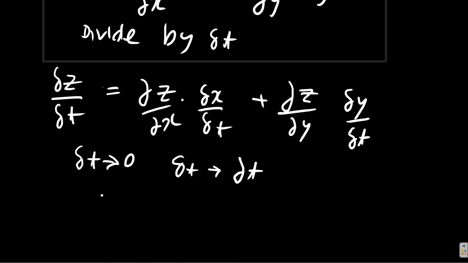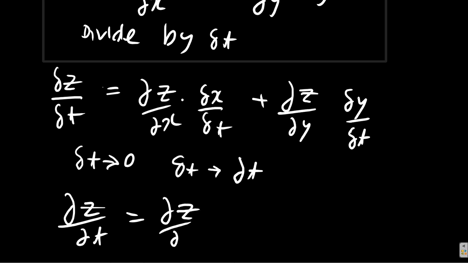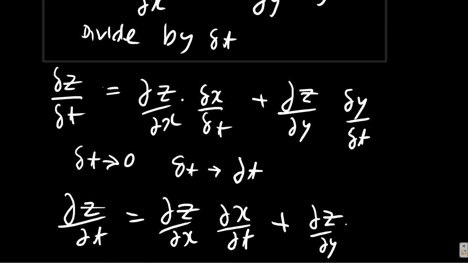So what we have then is that the partial derivative of z with respect to t is equal to the partial derivative of z with respect to x times the partial derivative of x with respect to t plus the partial derivative of z with respect to y times the partial derivative of y with respect to t.